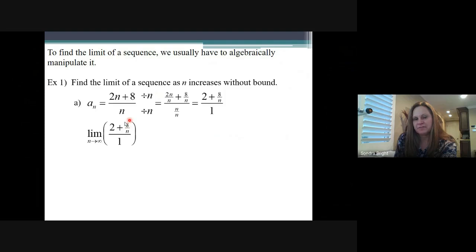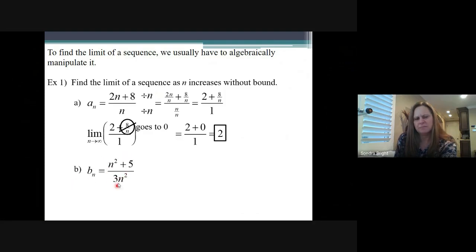The limit of 8 over n as n goes to infinity goes to 0. And so you're left with 2 plus 0 over 1, which is 2. And that's limits. Pretty snazzy, huh? Let's look at another one. So this time it's not just an n, it's an n squared.